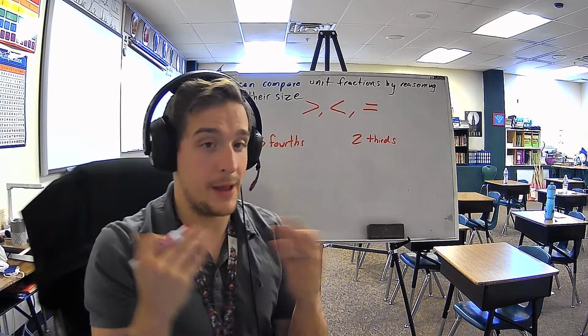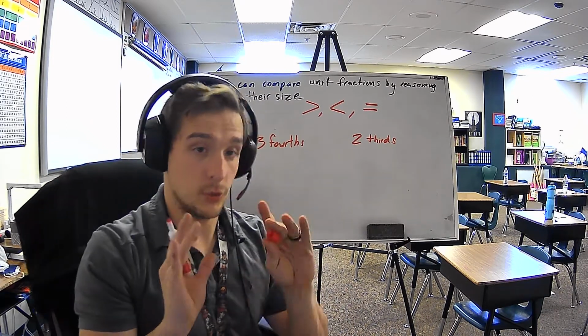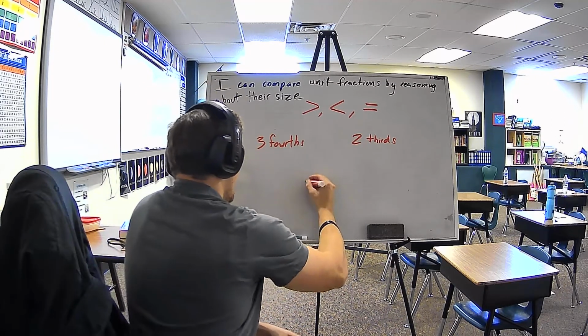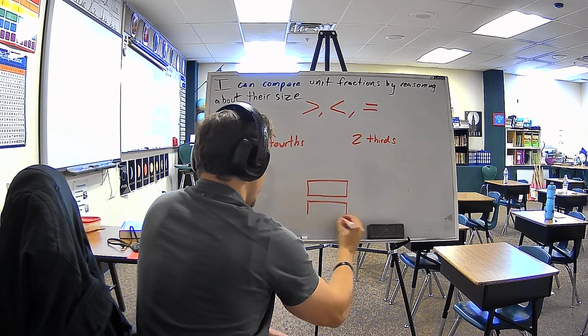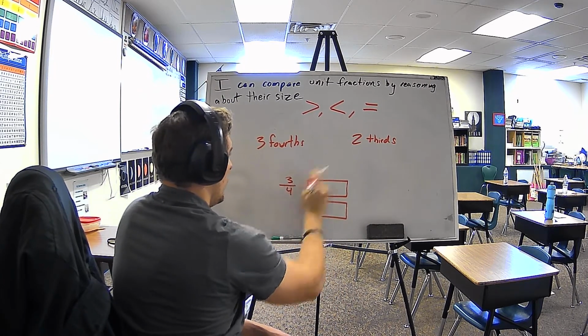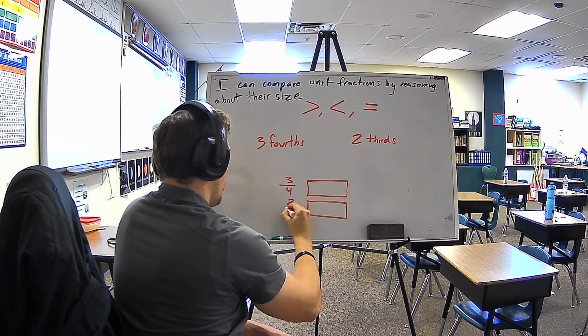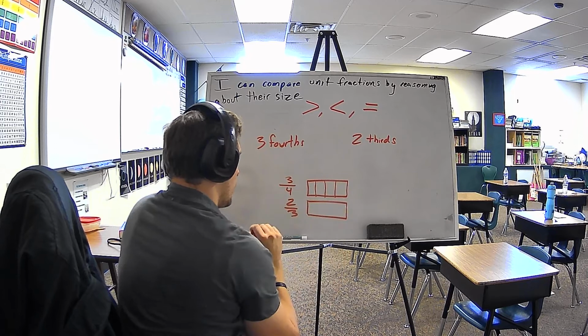Once again, best way, in my opinion, if you don't see it right off the bat, which is okay, draw them out. So we're going to draw out both of these. Going to make sure their whole is the same. 3/4, that would be 3/4. 2/3 would be 2/3. Break this up into 4 equal pieces.